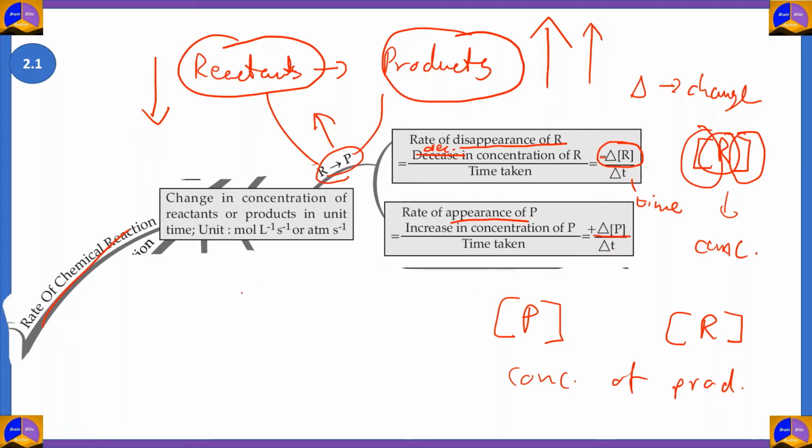So final time minus initial time, that is represented by delta T. So that's how you calculate the rate of any chemical reaction. Either we find out the decrease in the concentration of the reactants per unit time, or the increase in products of a chemical reaction per unit time.